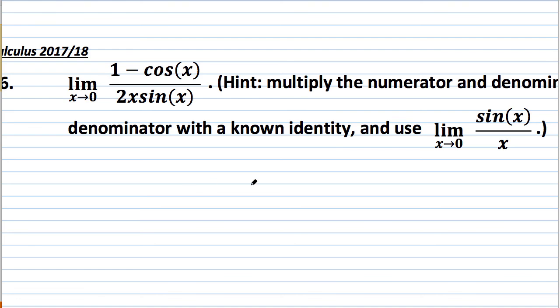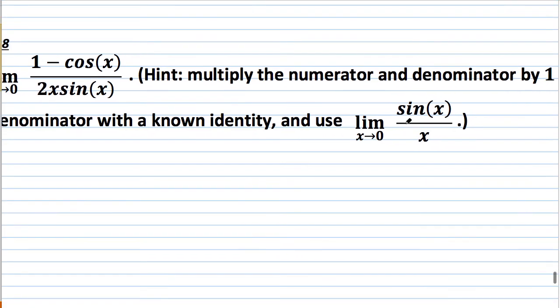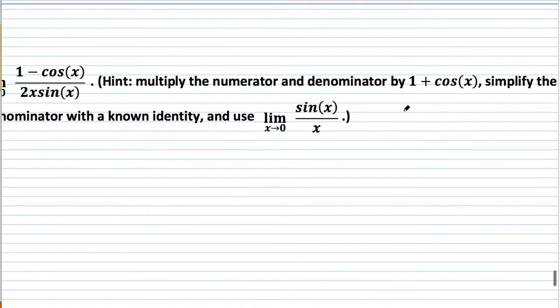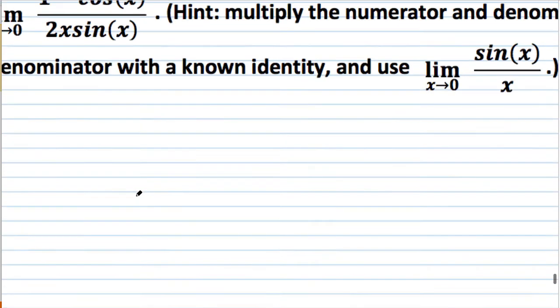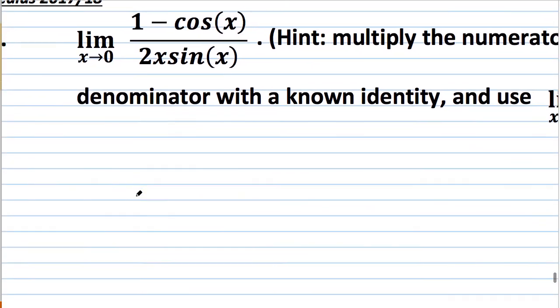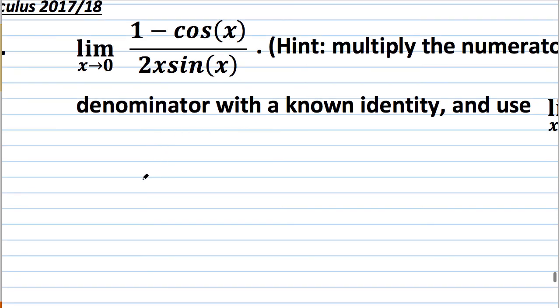So again, we're going to try to use this. Now we're going to multiply the numerator and denominator by 1 plus cosine of x and simplify with some known identity. We're kind of cheating a little bit, but let's call this g of x, which is 1 minus cosine x over 2x sine x.